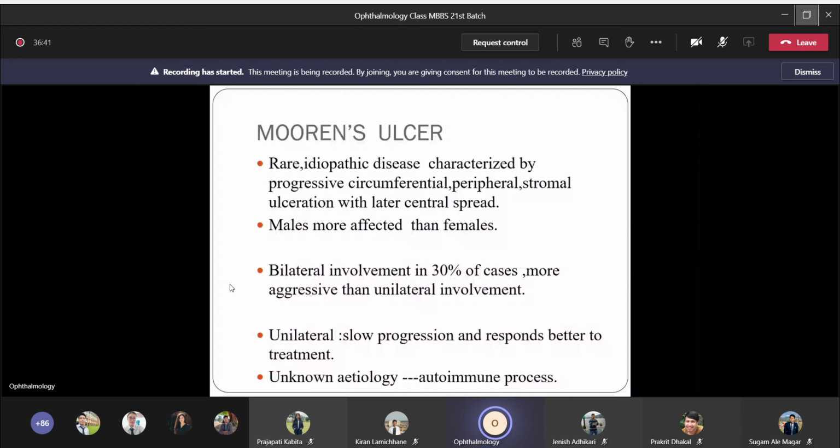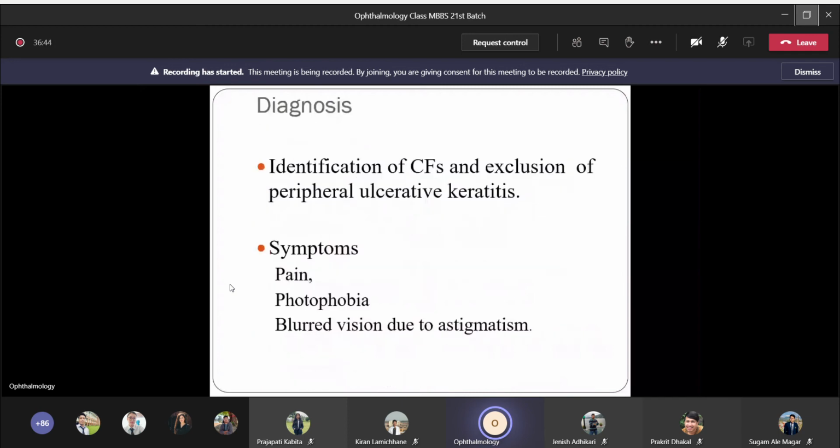So usually the diagnosis of Mooren's ulcer is done by identification of clinical features and exclusion of other causes of peripheral ulcerative keratitis. And the symptoms are pain, photophobia, and blurred vision due to astigmatism.